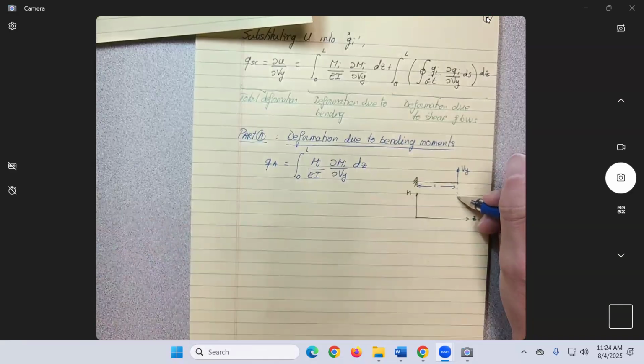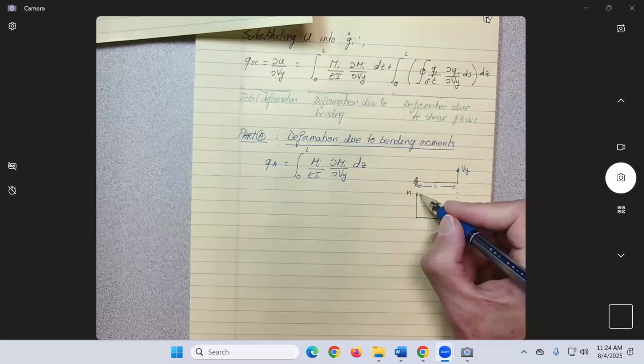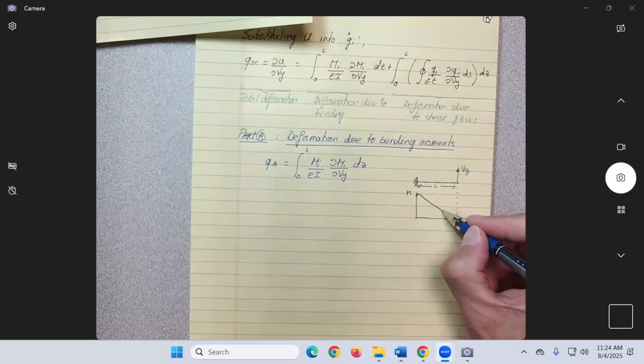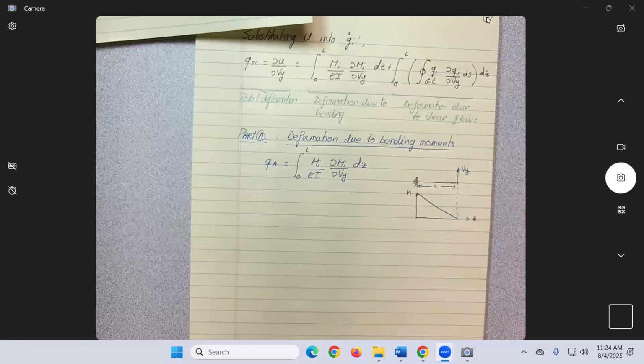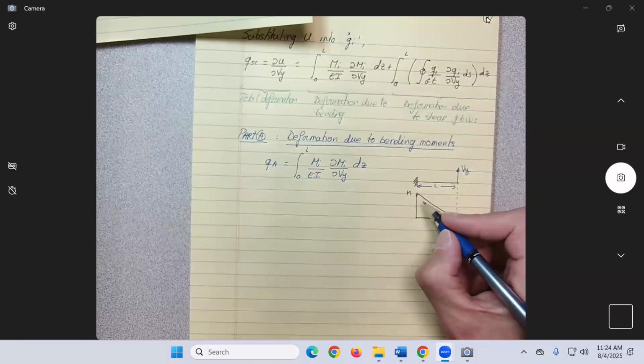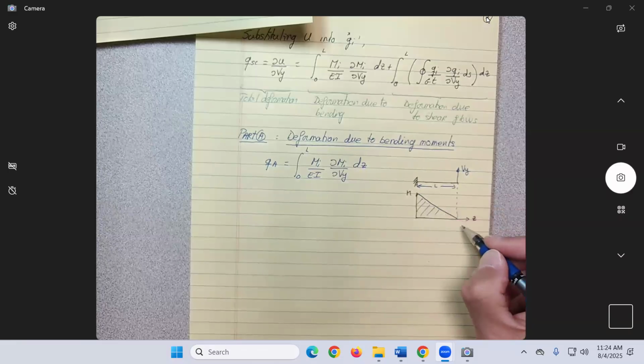I mean, you did that on the exam, so what should it be? Should be maximum at the root, no? And it should be 0 over here, at 0 at the end. Perfect.